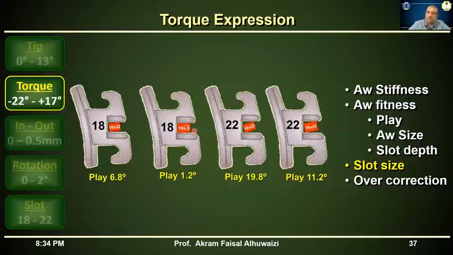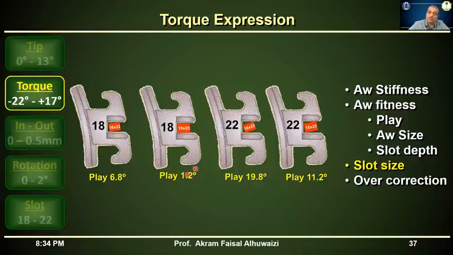So in my practice, sometimes with an .018 bracket I can easily fit a 19x25 stainless steel wire inside the slot. Sometimes it needs a little bit of pressure, but it can still go in.